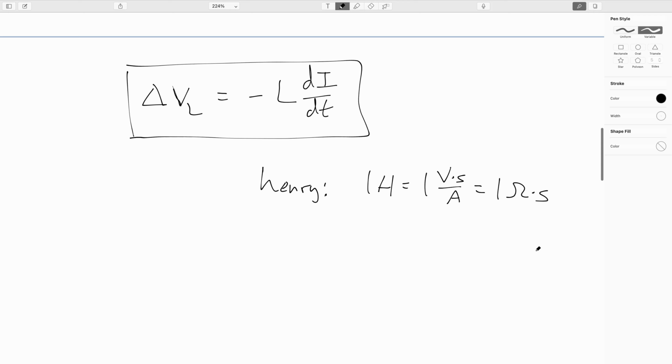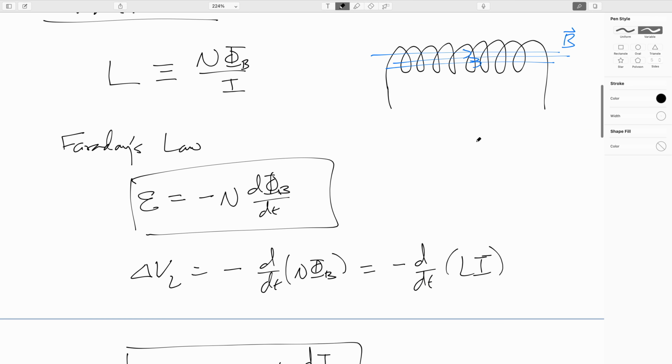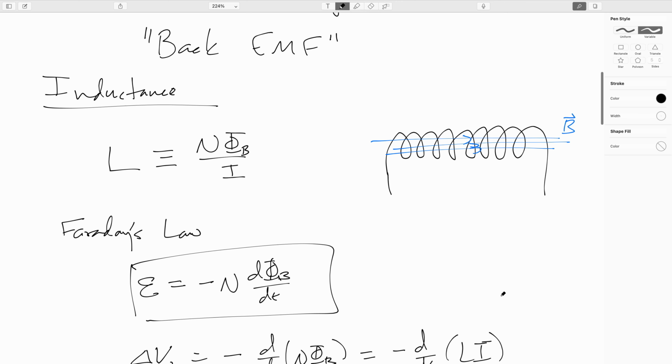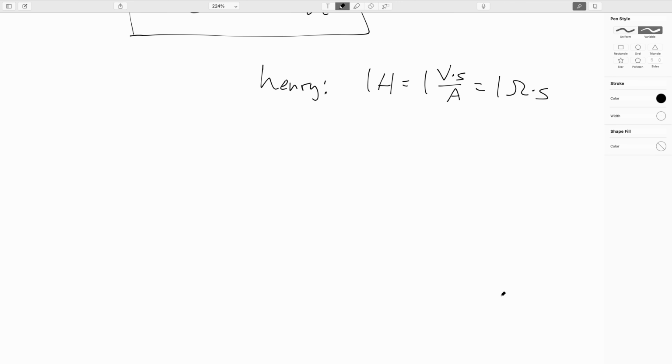Alrighty. Now the other benchmark that we have is once the circuit's been going for a long time, now we've built up our magnetic field and it isn't changing anymore. So at that point, it acts like a wire. So the benchmarks here are basically, when the switch is just closed, the inductor acts like a break in the circuit.